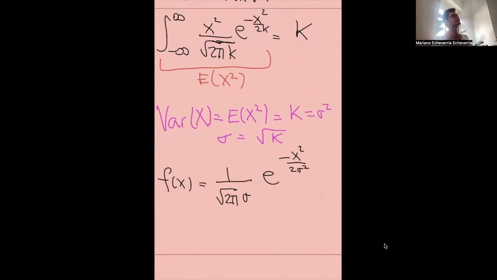The cool thing about this trick is that even if you just wanted the value of the variance for k equals 1, it's convenient to keep k as a parameter, because then you can take the derivative with respect to k.